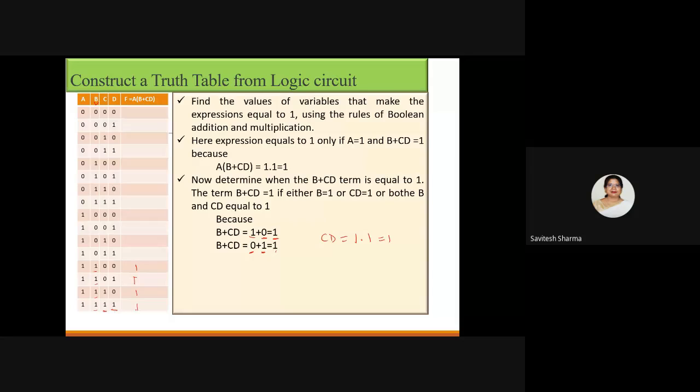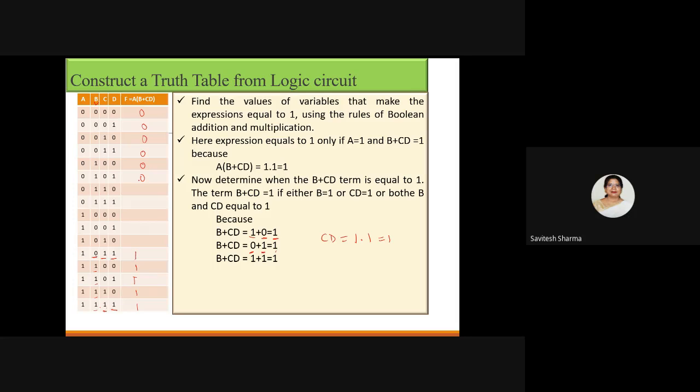Here this is the case when b is 0, c is 1, d is 1, so for this combination you will get 1. The rest is if b is 1 and cd is also 1, which we already filled. See, b is 1, cd is 1, that is already covered. So these are the combinations for which you are producing 1, and in the rest of the cases you will write 0.